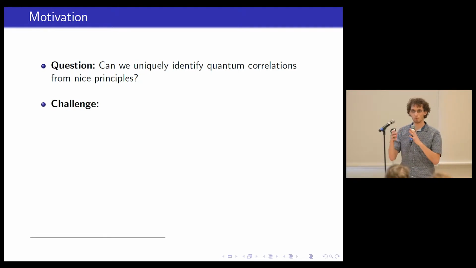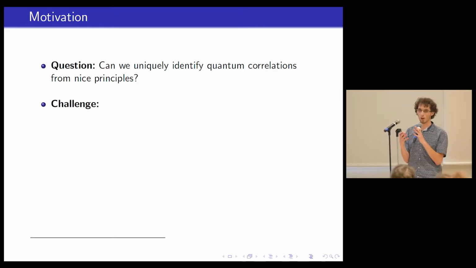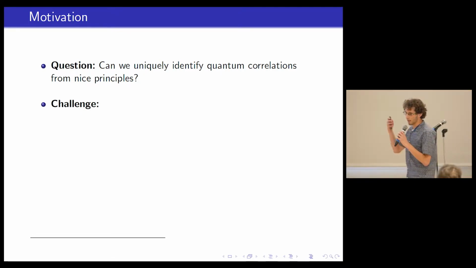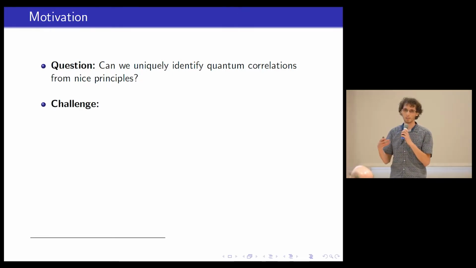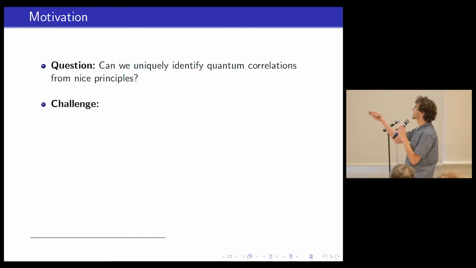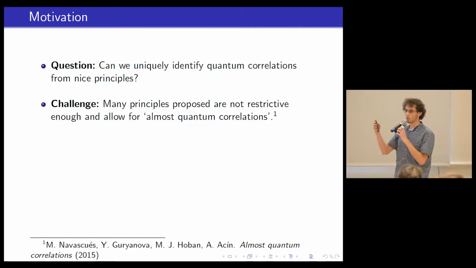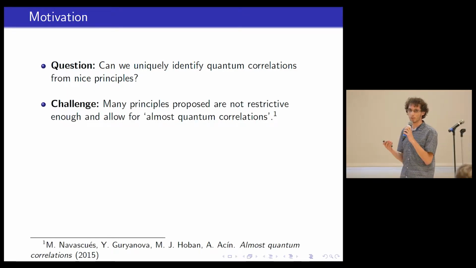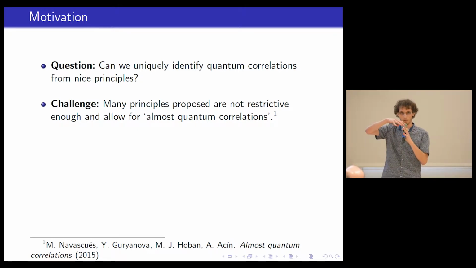And in trying to come up with principles that would do the job, there has been an ongoing challenge, a recurring theme, which is that most of the principles that have been proposed do not actually pick out the set of quantum correlations.